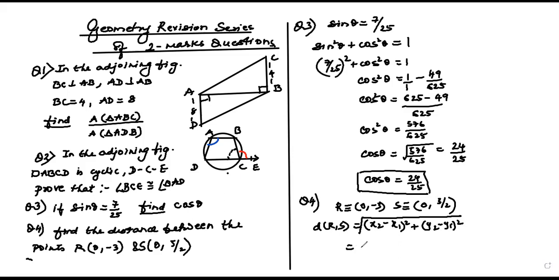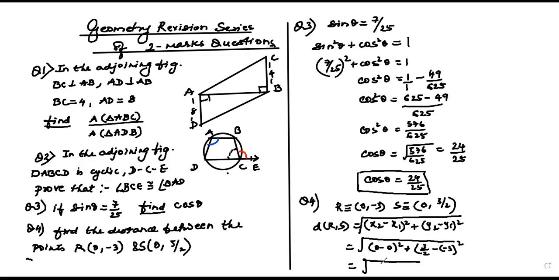So what will happen? Please have a look here. X2 minus x1 is 0 minus 0 the whole square. Y2 minus y1 is 3 upon 2 minus of minus 3, the whole square. So what will happen, children? Root of 0 minus 0 is 0 square, 0 square is 0.